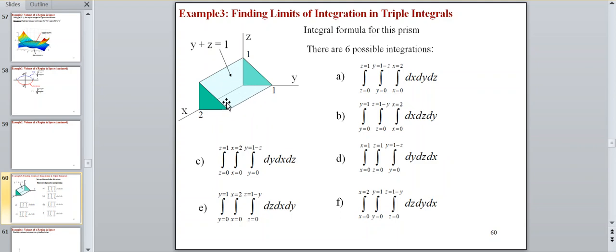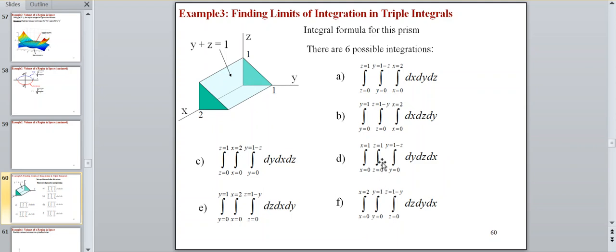So z is from 0 to this plane, whose equation is 1 minus y. Then the image of this plane onto the xy plane is a rectangle, so y is from 0 to 1 and x is from 0 to 2.